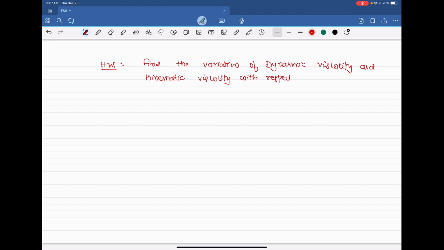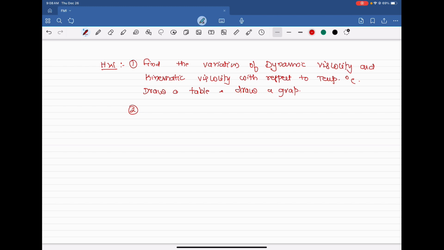With respect to not time, with respect to temperature, in degree centigrade. Draw a table and draw a graph. This is question number 1.